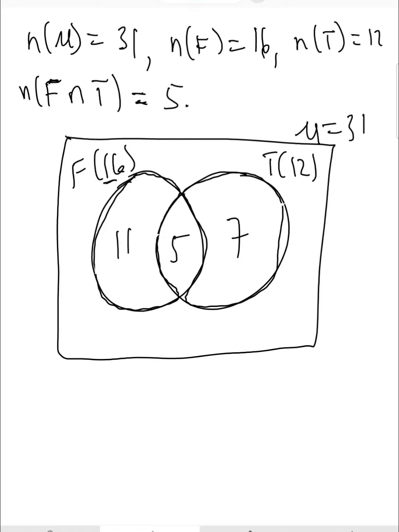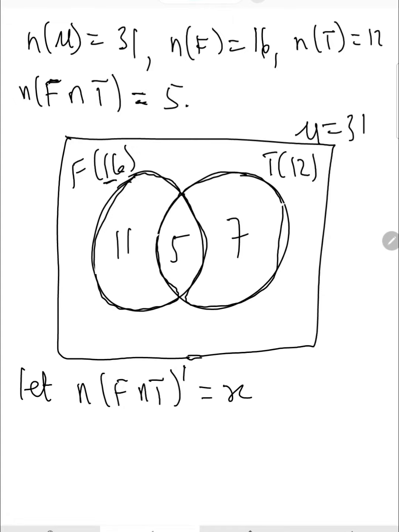Because of those who play none of the games, we will let them be equal to X. I hope you understand that, because we have already come across an example like that.